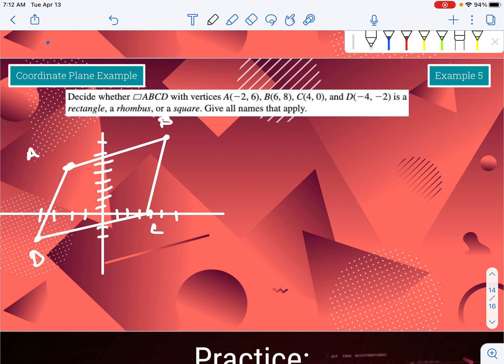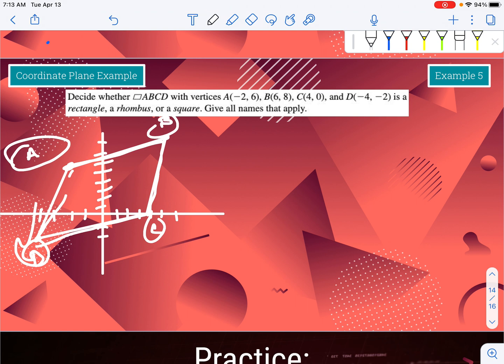So we could find AB, BC, CD, and all those side lengths, and that would tell us if AD is the same as CB and all that good stuff. But like we saw in the last example, that wouldn't necessarily tell us what shape this is, right? We can have sides that are all the same, but we don't know if it's a rhombus and a rectangle, or just a rhombus, or whatever it might be.